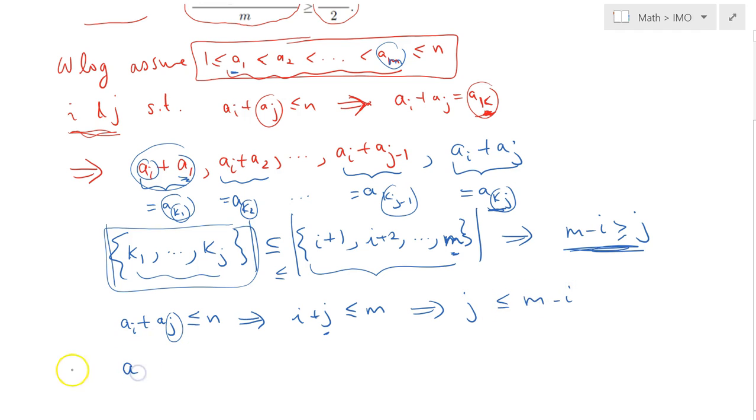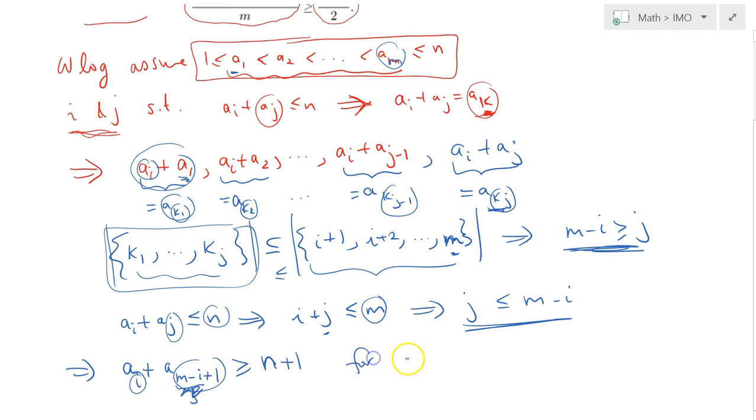So if I replace this j with something slightly bigger, let's say m minus i plus 1, then this would make a_i plus a_j greater than or equal to n plus 1. This would have to be right because I just added something more than this constraint. So these indices add up to more than m, and as a result we will exceed this bound. But this would hold for i equals 1 all the way up to m.